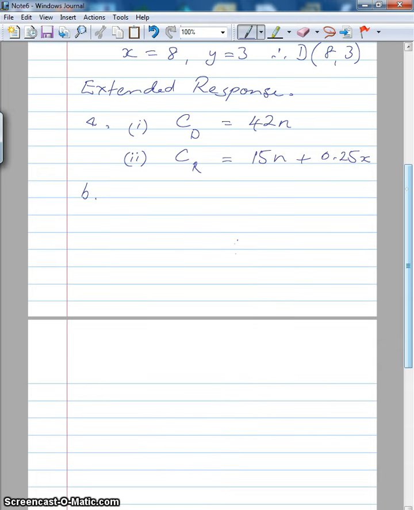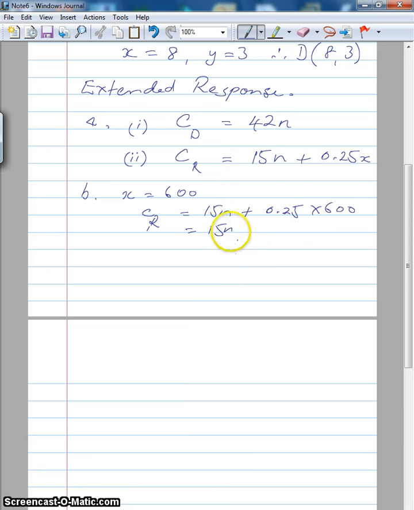So in this one we're asked to find the maximum value that N, the number of days, can have if Natasha plans to travel a total distance of 600 kilometres. In this case, X is 600, and if we go to the rough it vehicle, the cost for the rough it would be 15N plus 0.25 times 600.